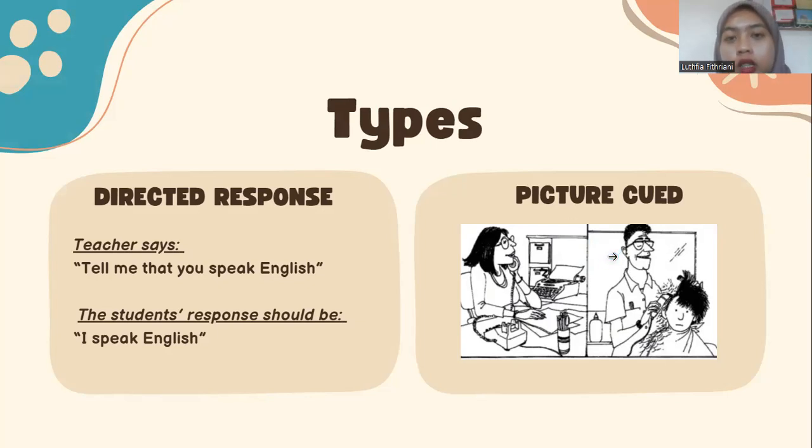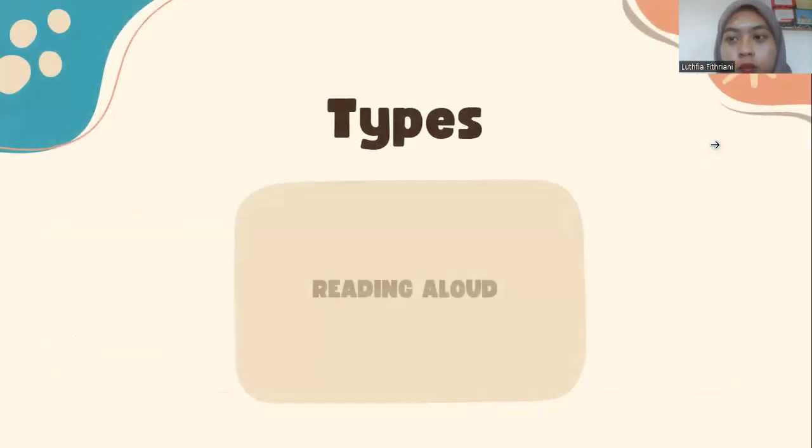Or the teacher can ask, what did they do? That is about picture cue. The last type of limited response in speaking test is reading aloud. So in a reading aloud test, the teacher will give the student a reading passage and the students are required to read the passage loudly.